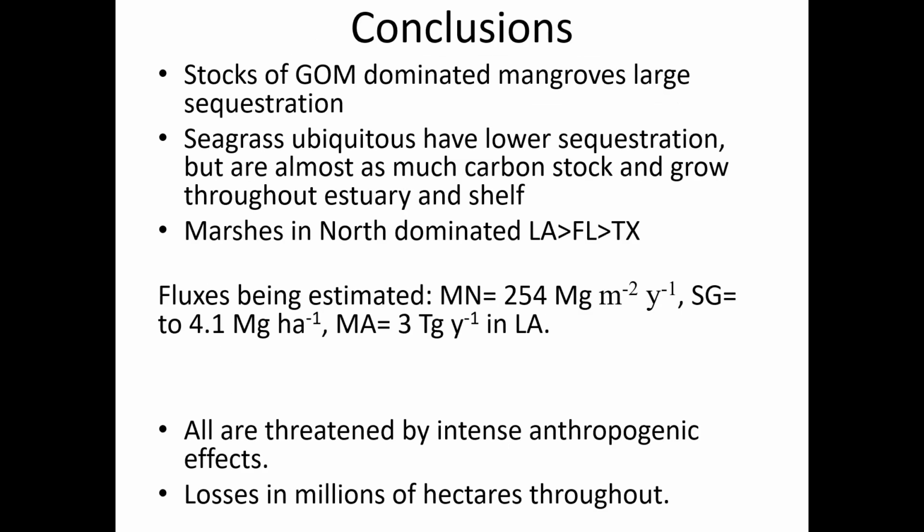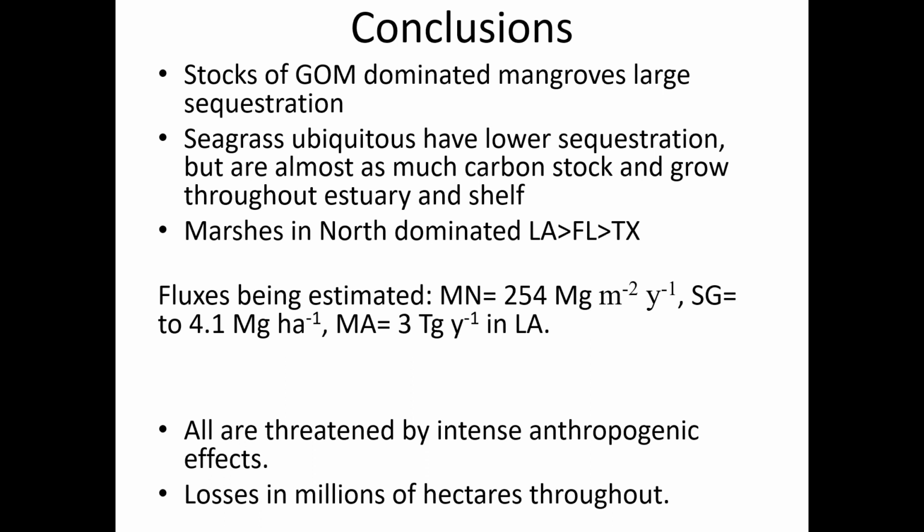Here, Jorge, yes, okay. So our conclusions were that the mangroves were the dominant force of sequestration in the Gulf of Mexico, unlike the Atlantic or the Pacific coasts of North America, where marshes are predominantly the large sequestration force.